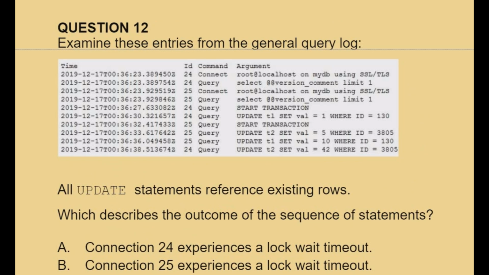Question is, examine these entries from the general query log. All update statements reference existing rows. Which describes the outcome of the sequence of statements?